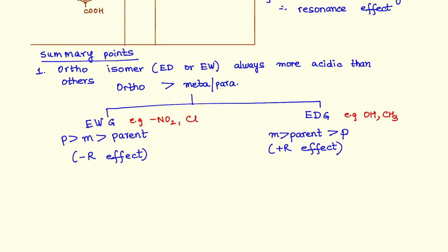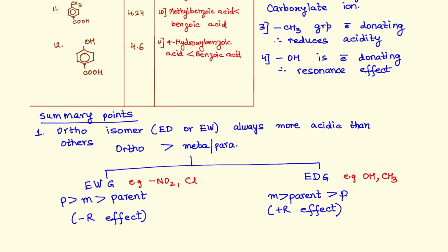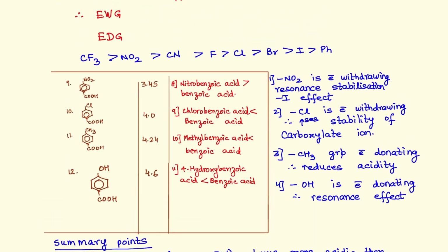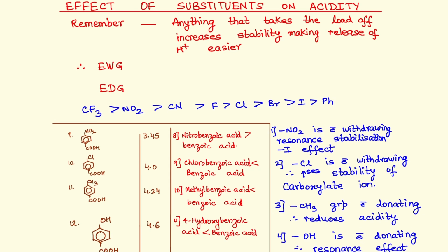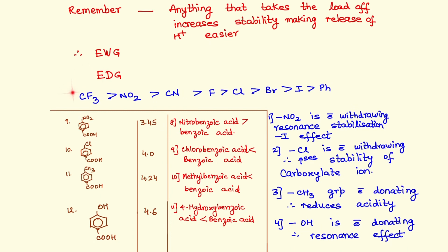Please remember that, and the simple minus R and plus R effect, that is the resonance effect. Yes, we've already discussed it in the basics of organic chemistry. You might want to note down these points, and this is how we've listed the effect of the groups on the acidic strength.